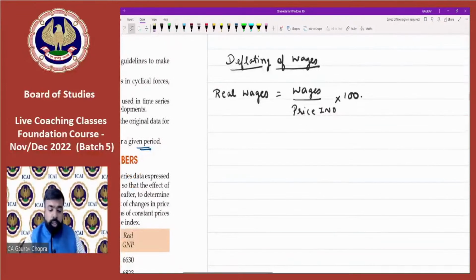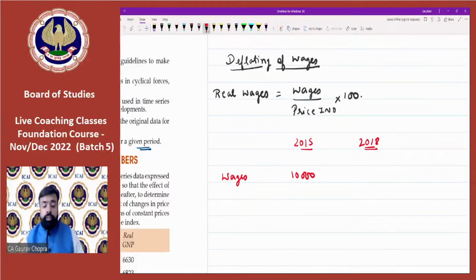Now, what is the concept behind this? Let us understand. Like there is one year 2015 and second one is 2018. A person is having wages 10,000 in 2015 and wages becomes 15,000 in 2018.